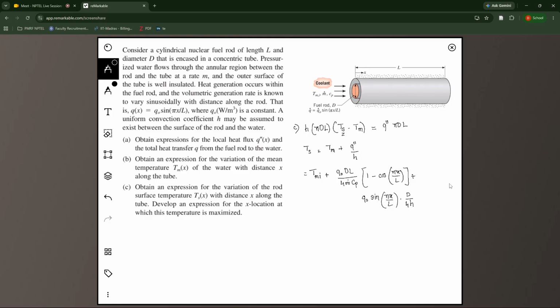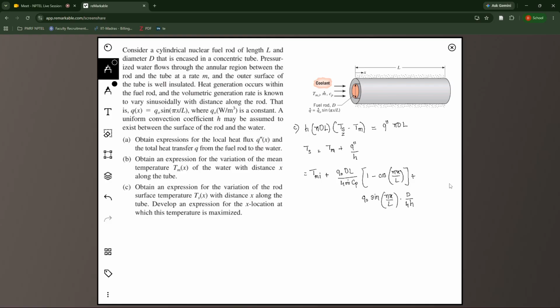The next part of the question asks you to find an expression for the x location at which this temperature is maximized. As we know, the heat generation increases sinusoidally and then reduces, which means there will be a point where the temperature will reach its maximum value. And how do you determine that?